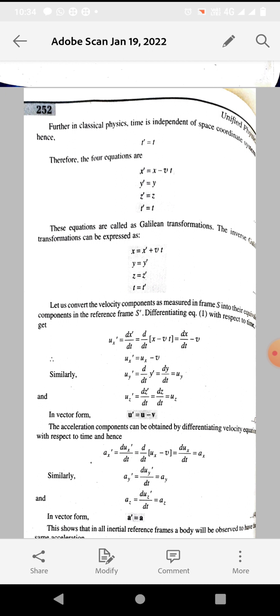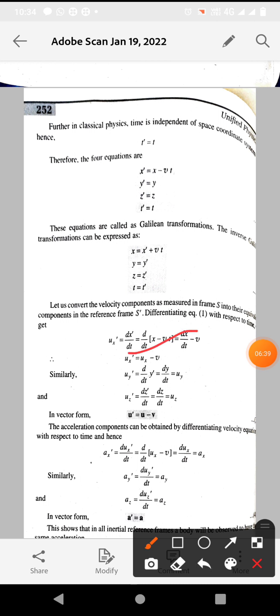But the Galilean transformations are when we write the left-hand side in S dash terms: x dash is equal to x minus vt, y dash is equal to y, z dash is equal to z, t dash is equal to t.